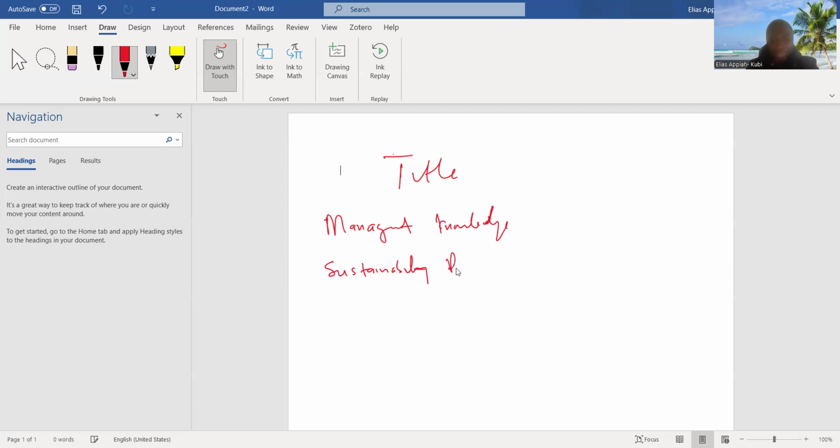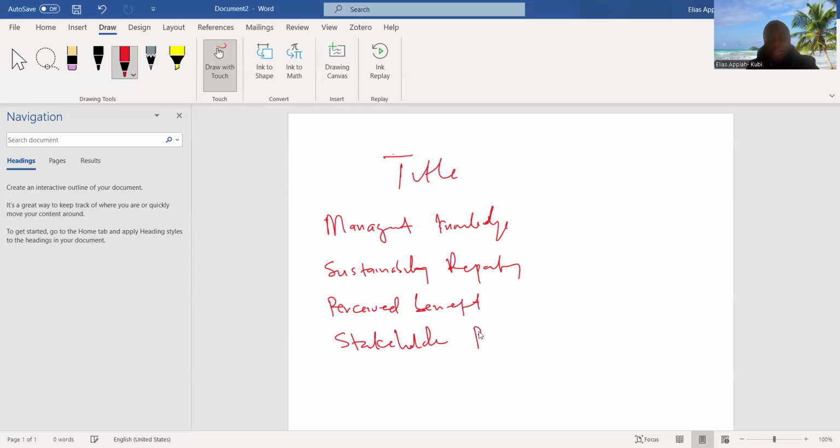Then I had perceived benefit, because I was looking at whether, if management has knowledge about the benefit in sustainability reporting, they will disclose it. And the last variable was stakeholder pressure. That is, the extent to which management will disclose their sustainability information depends on stakeholder pressure. So I had four variables.